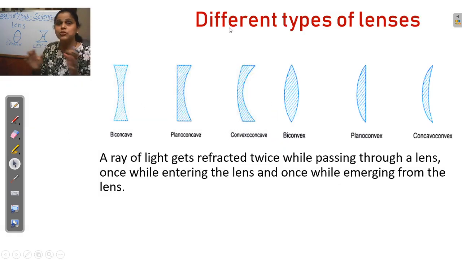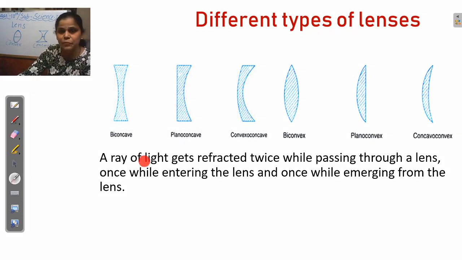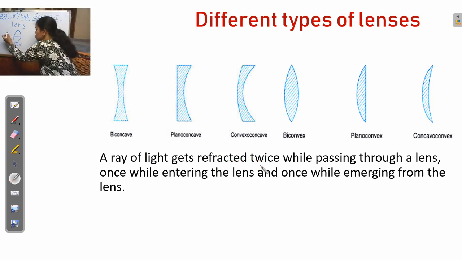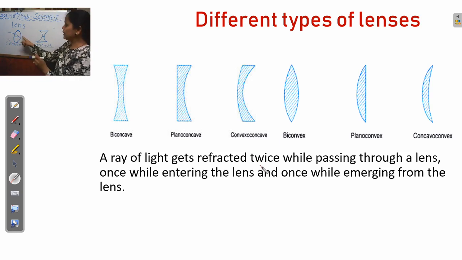Then next, different types of lenses. A ray of light gets refracted twice while passing through a lens. When light rays enter this circle, they refract, and again from the next surface, this light ray is refracted again.